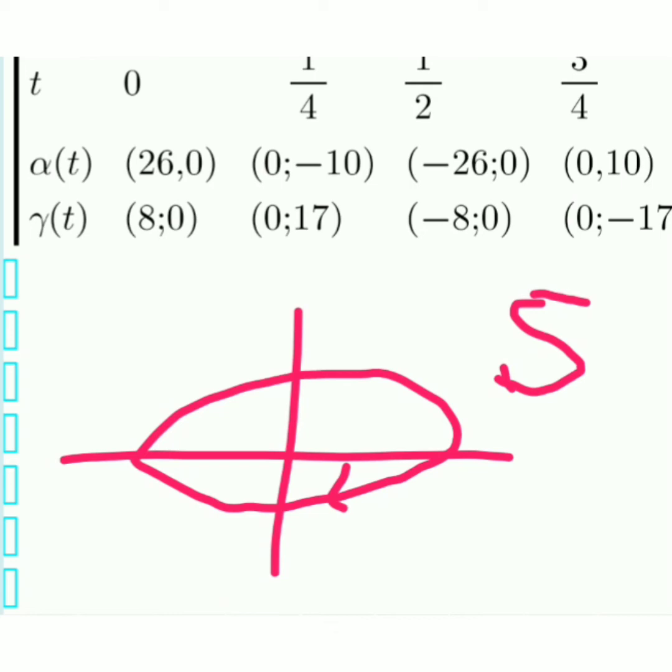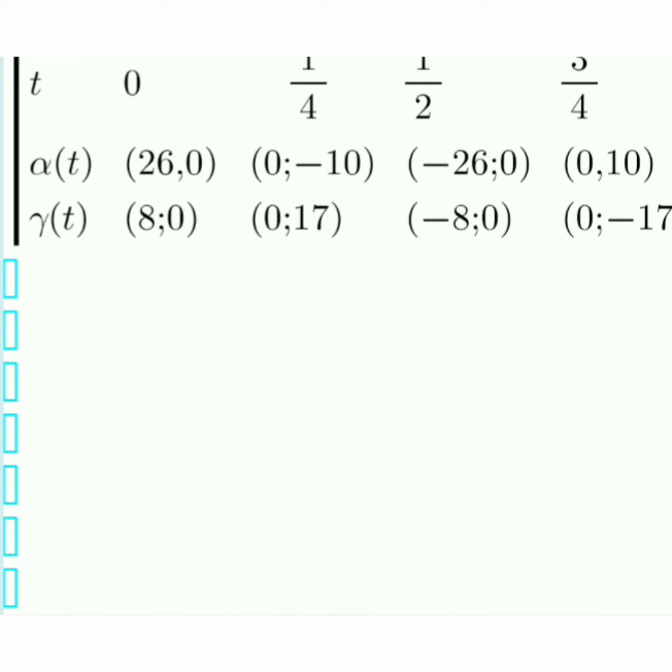So friends, this is the one theorem I will discuss. This theorem can be proved by Green's theorem.